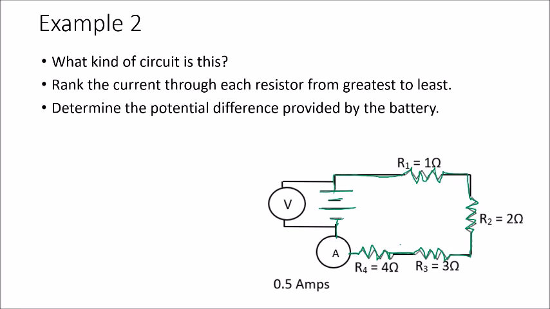They don't change the circuit itself. Just like if you were measuring the velocity of something, simply measuring the velocity doesn't change the velocity. You're just measuring it. So voltmeters and ammeters don't change the circuit. So this kind of circuit is a series circuit.